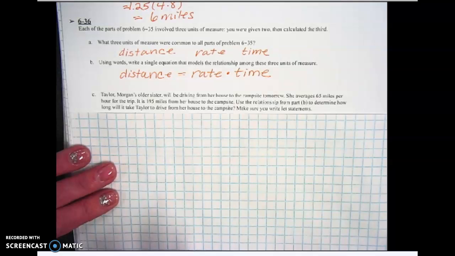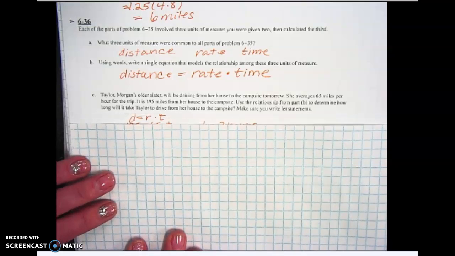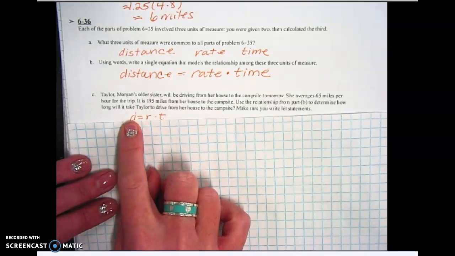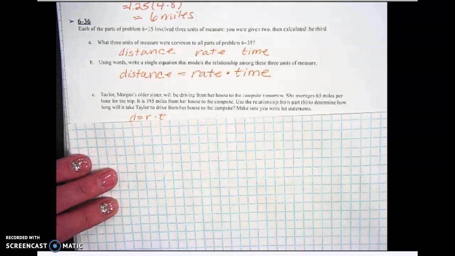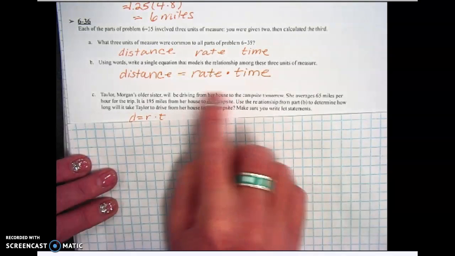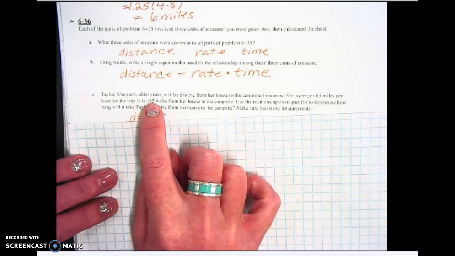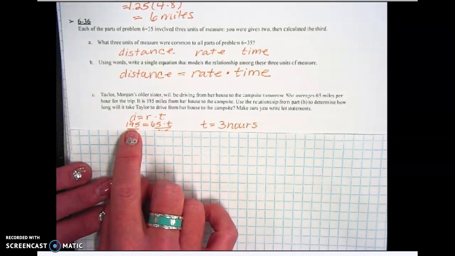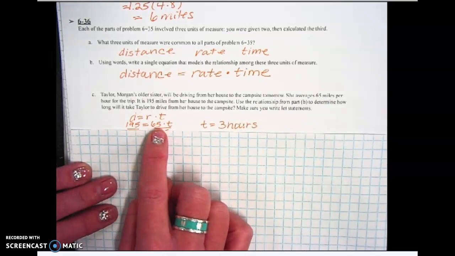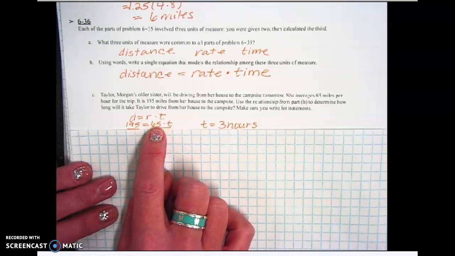All right. So we're going to use the same equation, distance equals rate times time, but notice something different plugs in this time. The 195 is what? Distance. So that gets plugged in here. 195 is the distance, 65 is the rate.